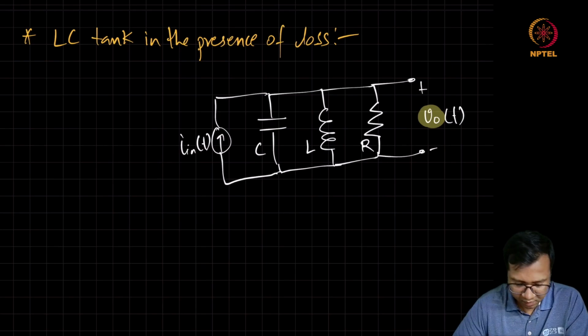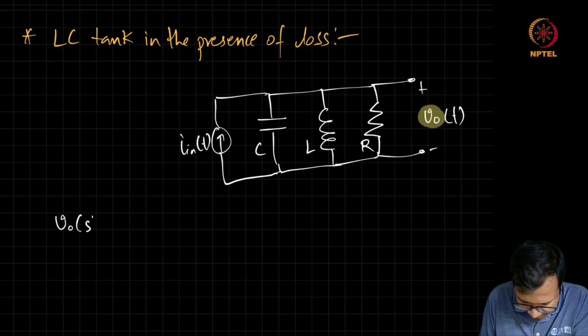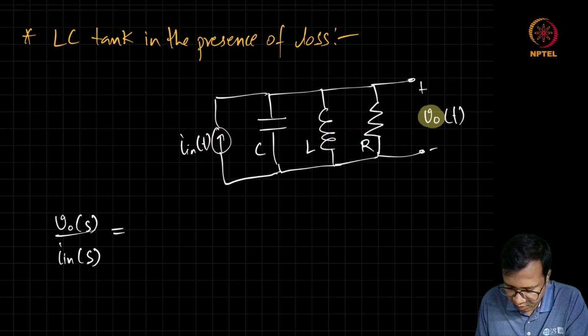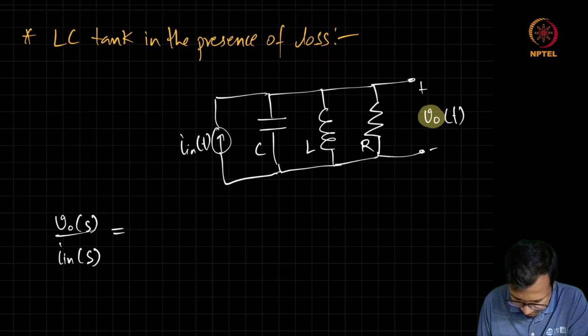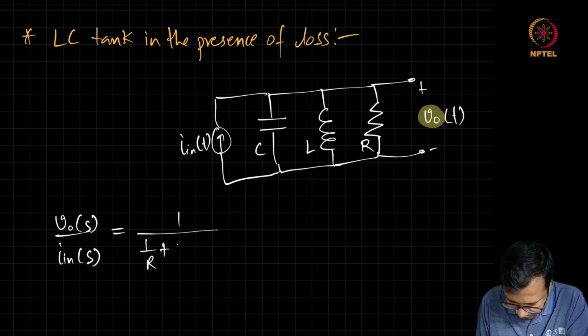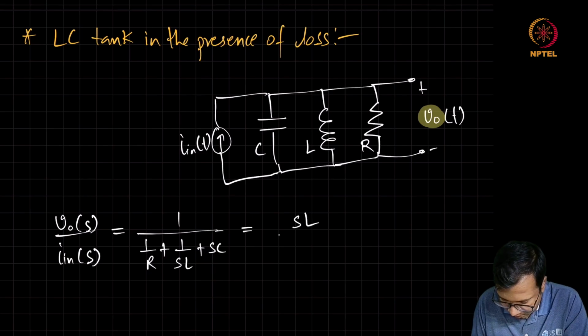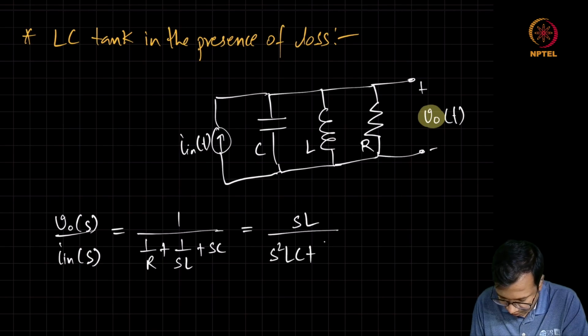by writing the transfer function V0 of S divided by In of S, which is going to be equal to, in this case, the parallel combination of L, C, R. So this will be 1 by (1 by R plus 1 by SL plus SC), which is equal to SL divided by S square LC plus SL by R plus 1.